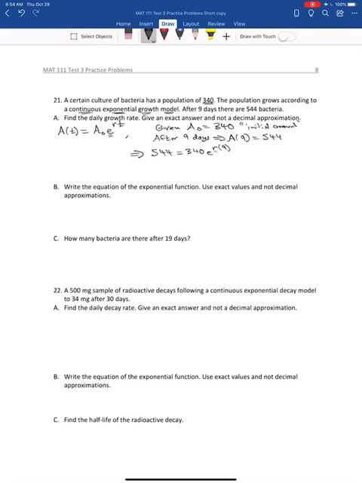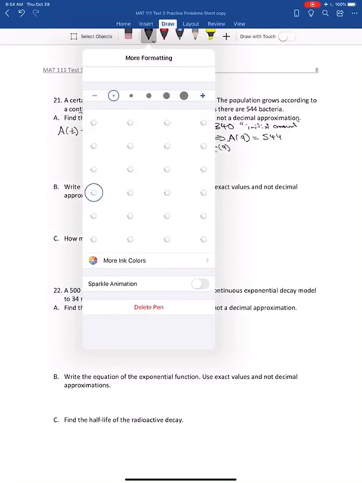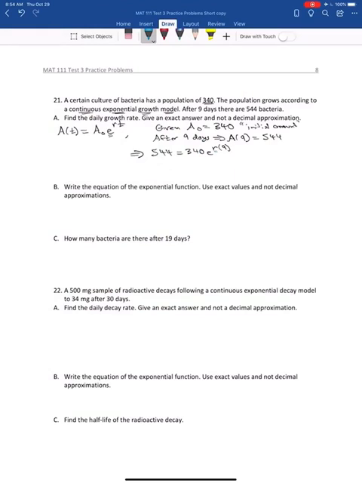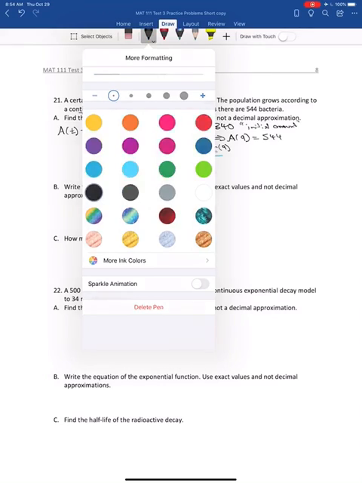So let's go ahead and solve it. Now we're solving an exponential equation. To solve an exponential equation, we want to isolate the exponential term, and we'll introduce logarithms to solve it, like we've been doing in our previous equations. So we have to get this exponential term by itself. That's our first step. We'll divide 340 on both sides, isolating the term.